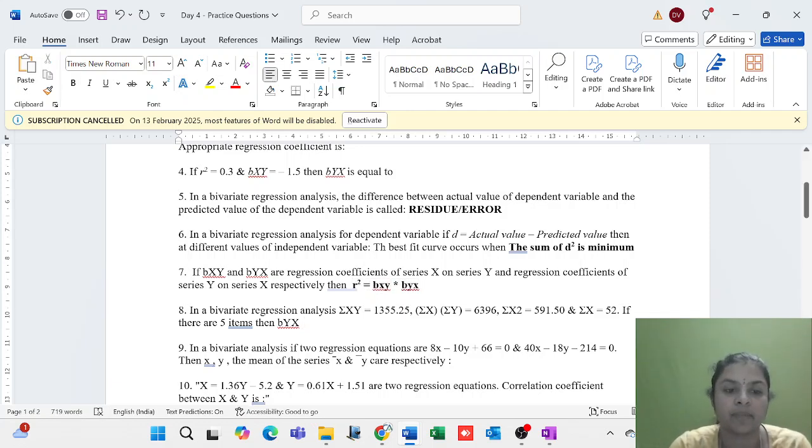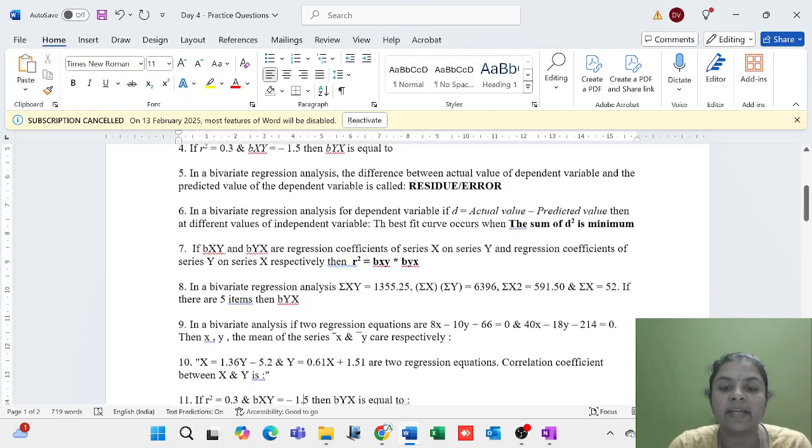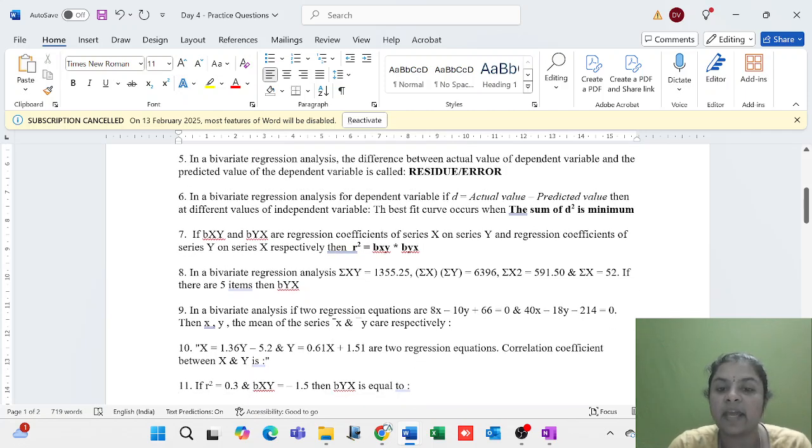Next, eighth one. In a bivariate analysis, sigma xy, sigma x into sigma y, and sigma x square are given, and sigma x is given. If there are 5 items, which means n is equal to 5, find byx. So all data is given to you.